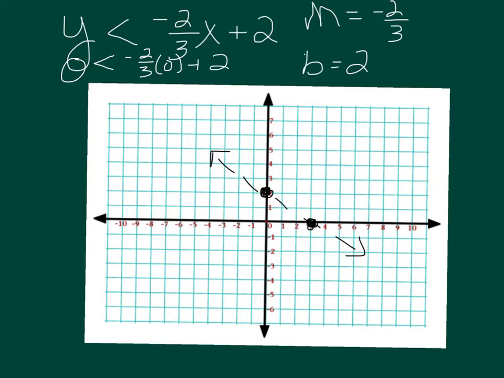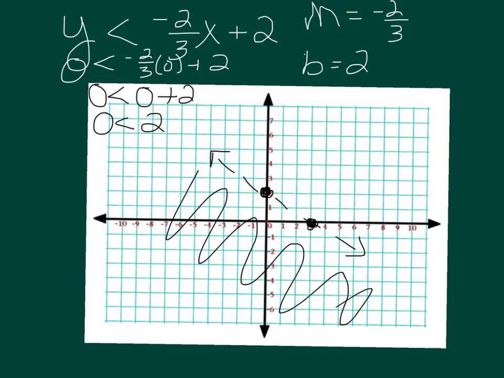So that leaves me with 0 is less than 0 plus 2, so 0 is less than 2. Okay, and 0 is in fact less than 2, so this time we're going to shade on the side of the line where 0, 0 is. So we're going to shade on this side of the line right here.